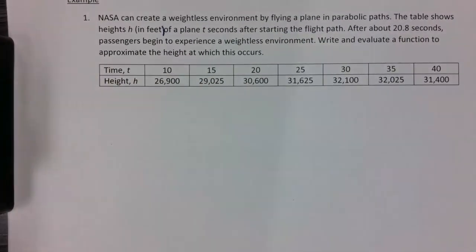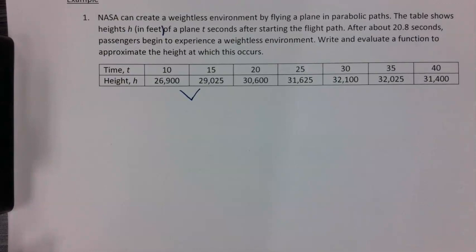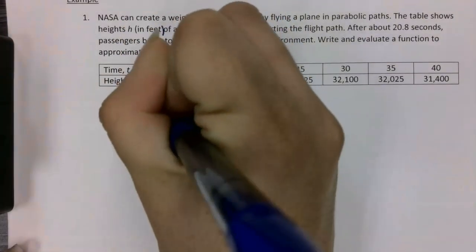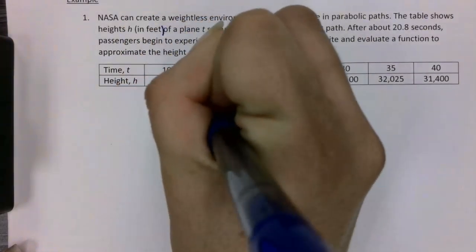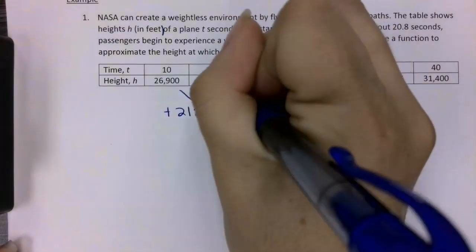So what I'm going to do here is, first, I'm going to take a look at these numbers. How are these changing from 26,900 to 29,000? No. Close, but not quite. It's adding 2,125. Okay?